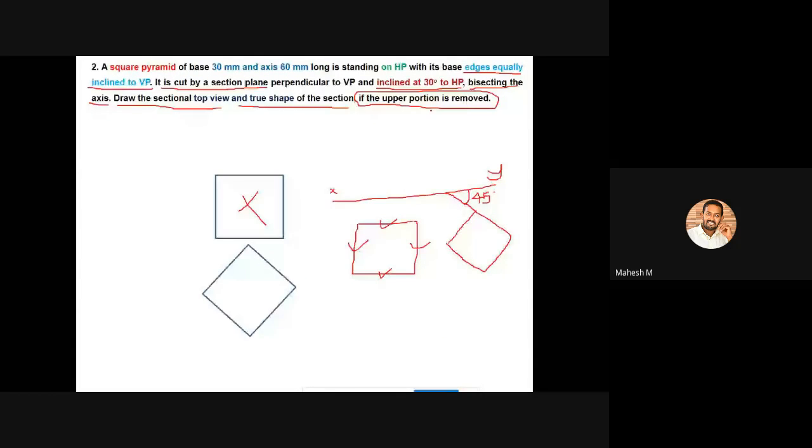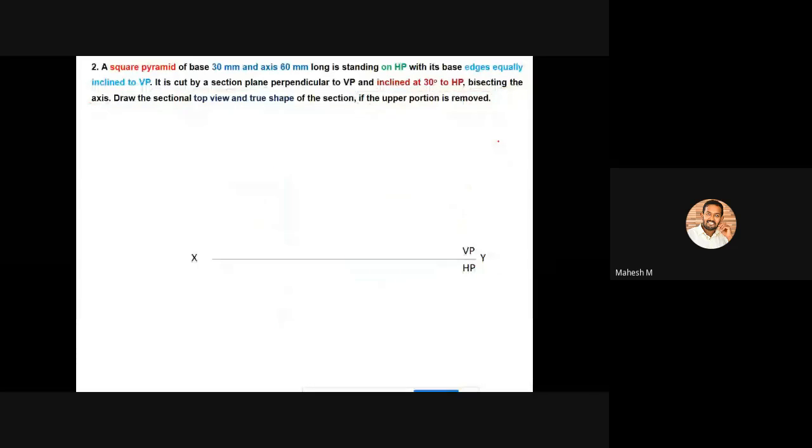You have to create your reference line. Please remember one thing, you have to draw the true shape, so please draw this diagram at the center of your drawing sheet.